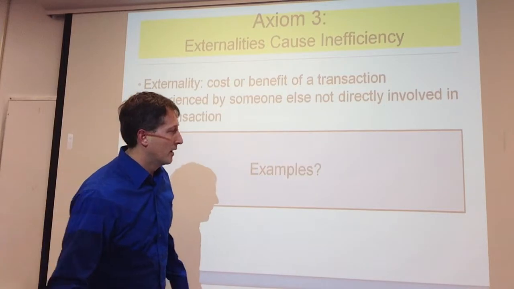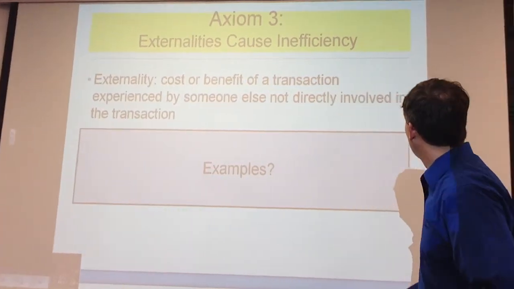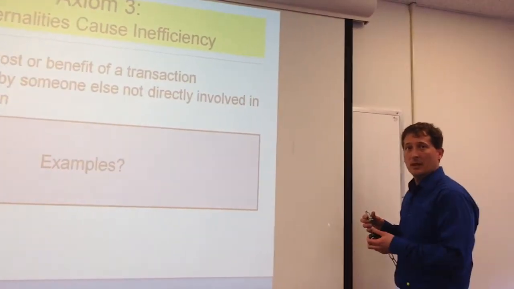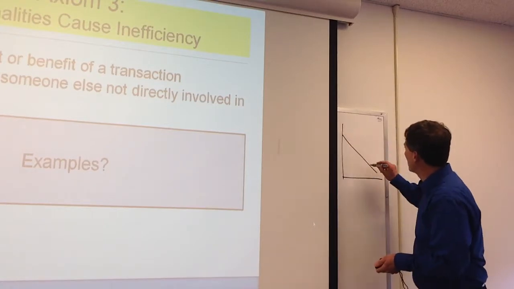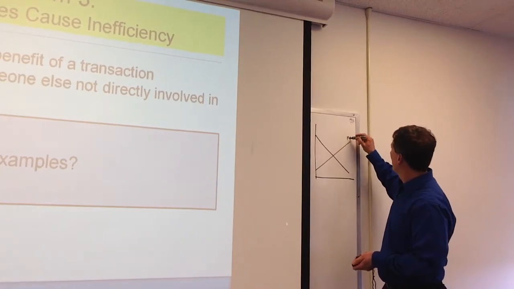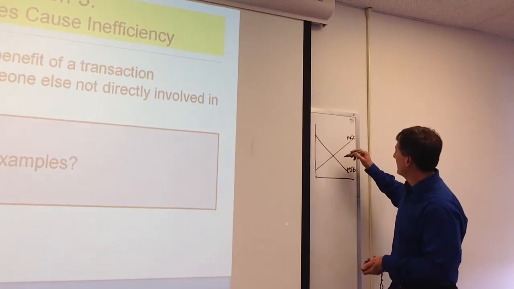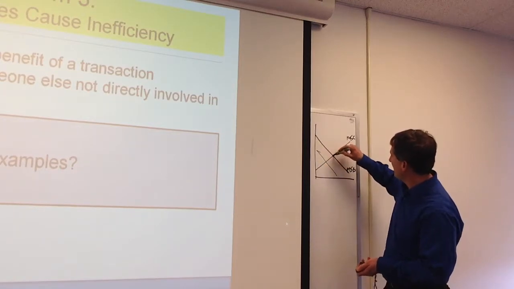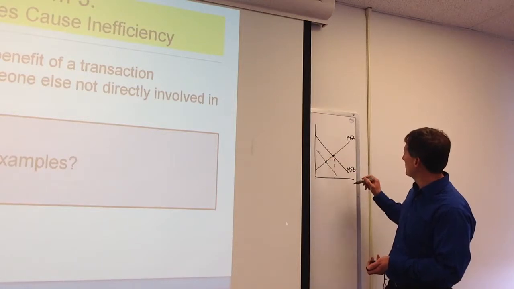All right, so the social benefit and social cost that we did before is the efficient situation. Anytime we are not at this point, then we are at an inefficient point.